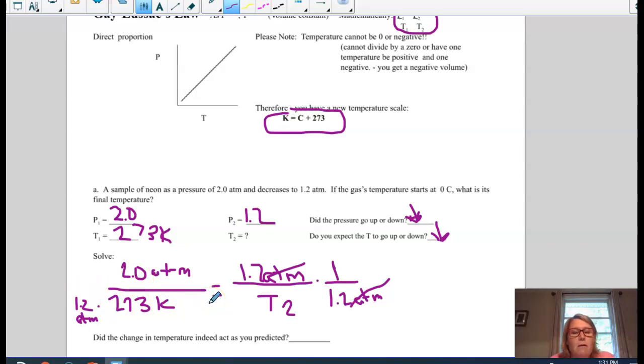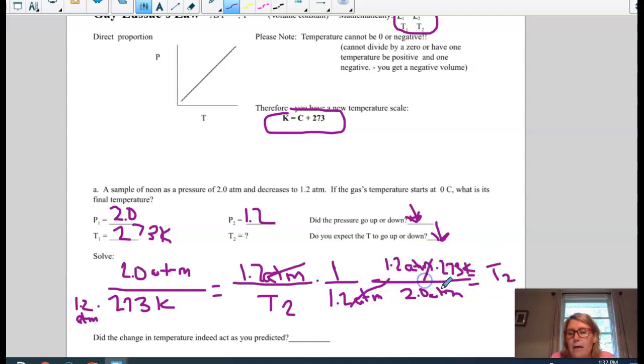Okay, so let's flip that. What do I mean by that? Whatever I do to one side, I have to do to the other. So in order to get T2 in the numerator, I have to flip it. So I'm going to take 1.2 atm and multiply it by 273, divide by 2 atm, and that's going to be equal to T2.